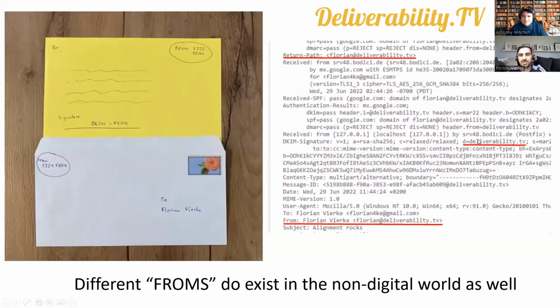Okay, so here we go. In the end, what domain alignment is about is that the challenge is that when sending email communication, we have different from fields. And if you ask yourself, why do we have different from fields? Well, communication in the past also had different from fields.